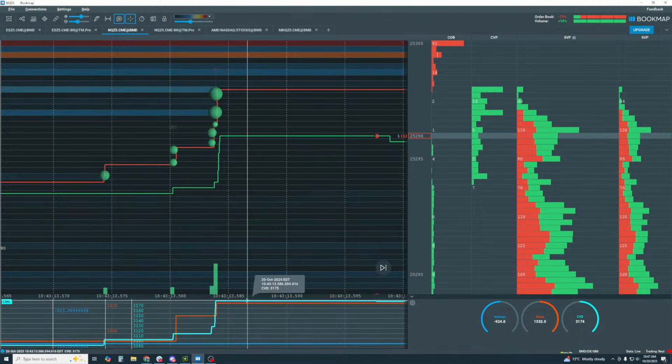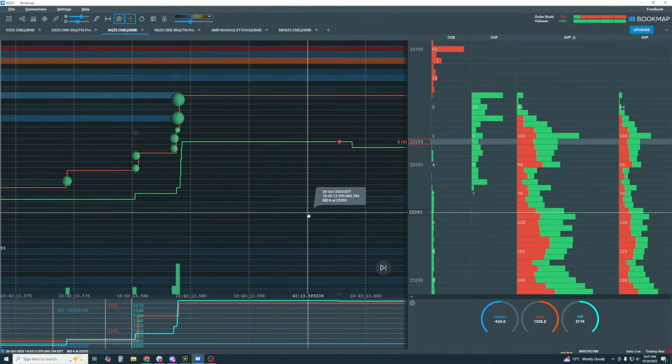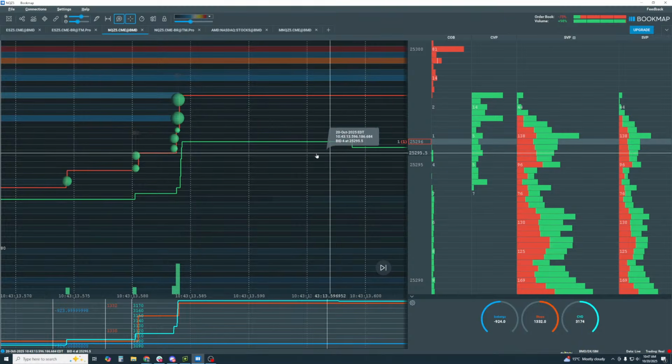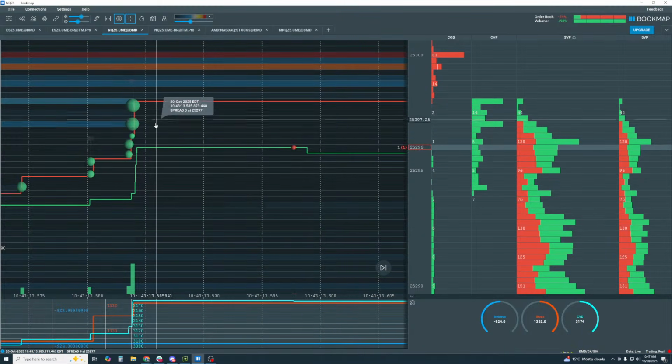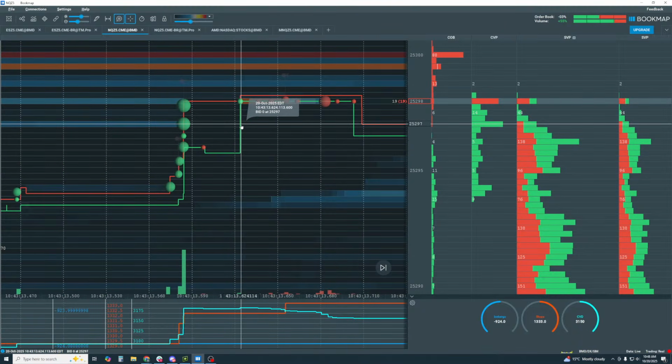We're down at millisecond levels. You can see what's happening, you can see the updates, and you can take this idea and apply it also to a monthly chart.